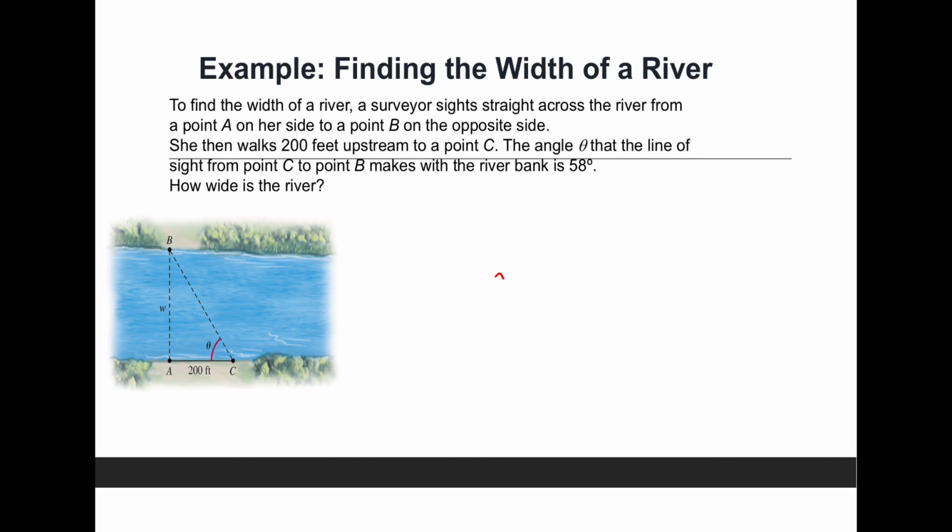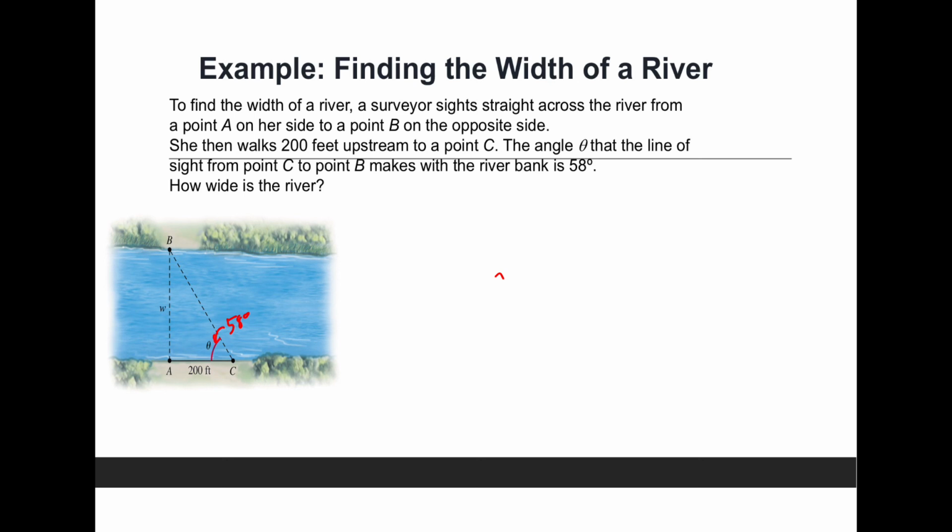Then she walks 200 feet upstream to point C, and the angle that she looks at there from that point to B is 58 degrees. I'm going to write that in there. 58 degrees. How wide is the river?